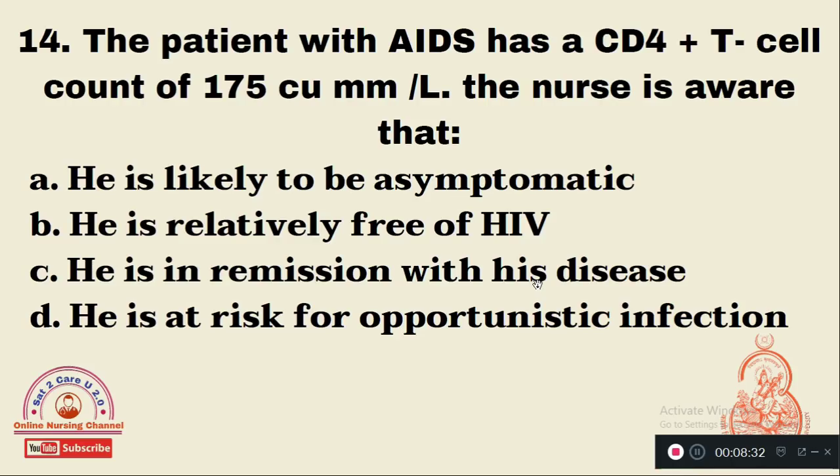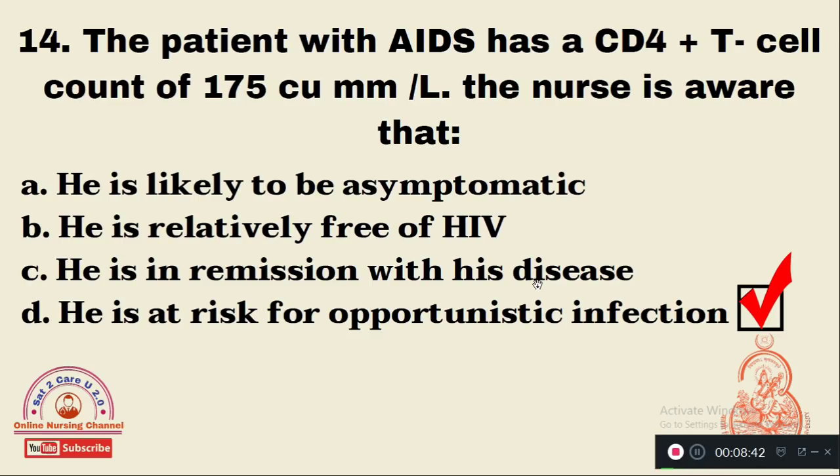Option D, he is at risk for opportunistic infection. The right answer is option D. The client whose CD4 T-cell count is 175 cubic millimeter per liter is at risk of opportunistic infections.